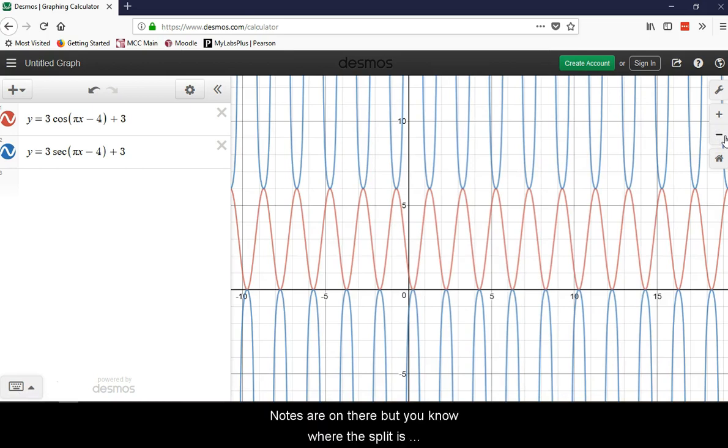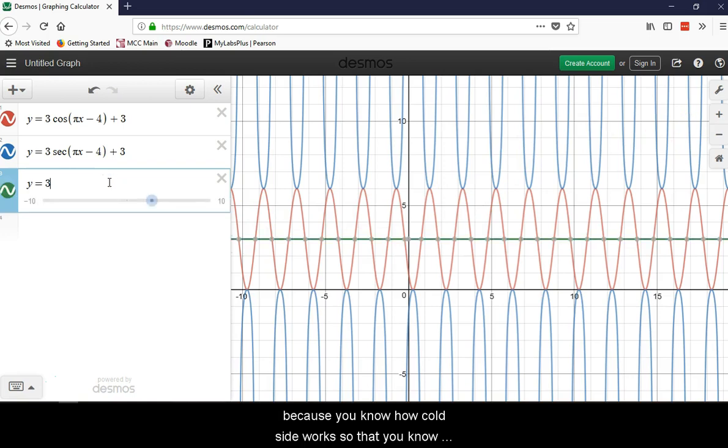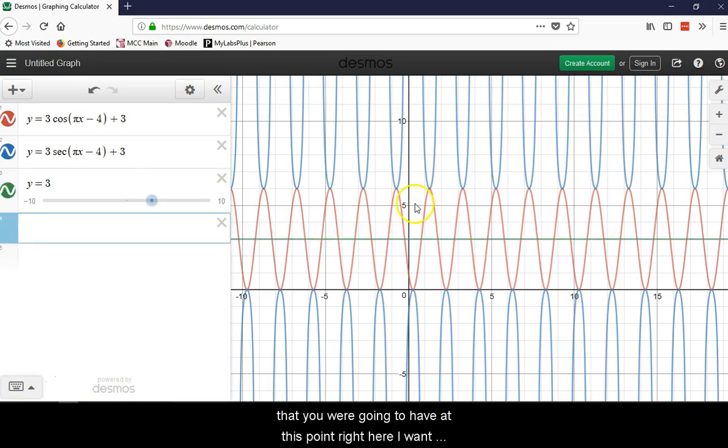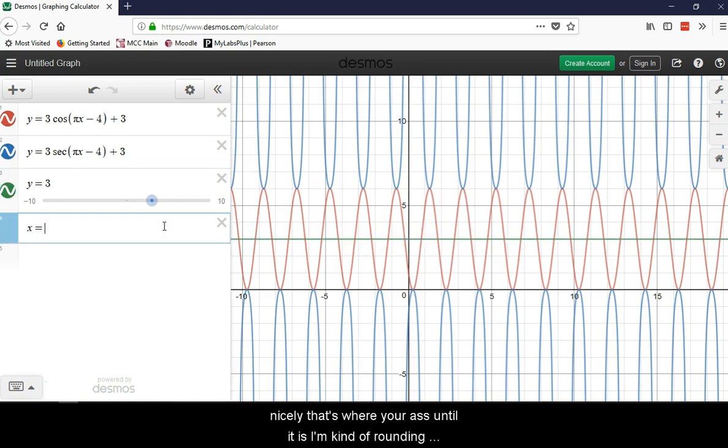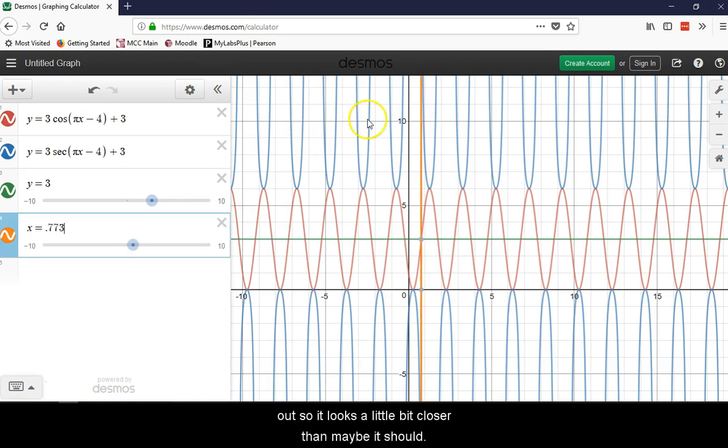Now the asymptotes aren't on there, but you know where the split is because you know how cosine works, so you know that at this point right here, that's where your asymptote is. I'm kind of rounding out so it looks a little bit closer than maybe it should. And if it said graph cosecant, then you would just graph sine and do the same exact thing.